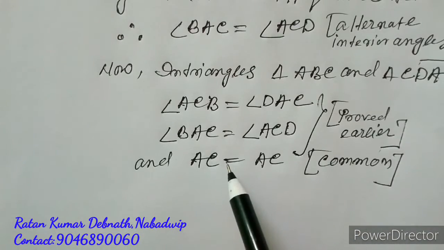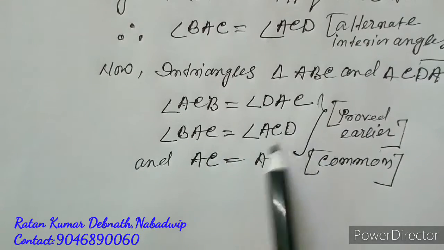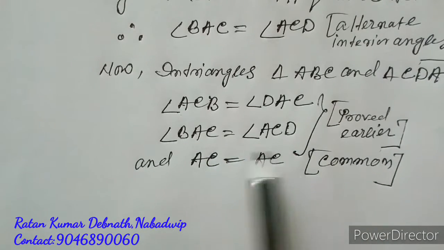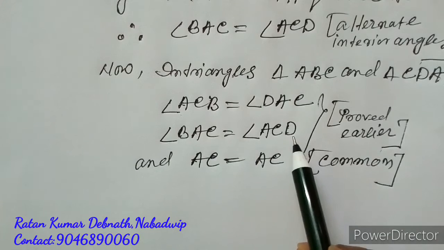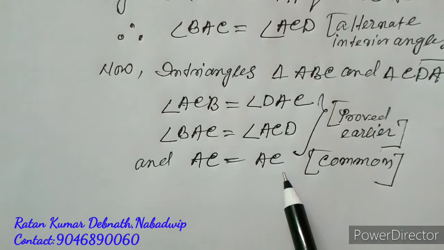So we got two angles of two triangles and a side of two triangles are equal.